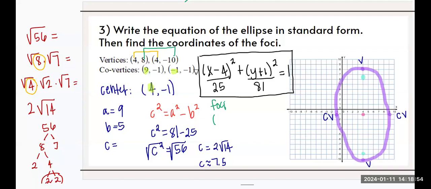These foci are still to the right 4. So the x coordinate is 4, but the y coordinate is going to change when we go up and down. So we're going to go up 2 square root of 14. So take -1 right here at the center, and we're going to go up 2 square root of 14. So we add.